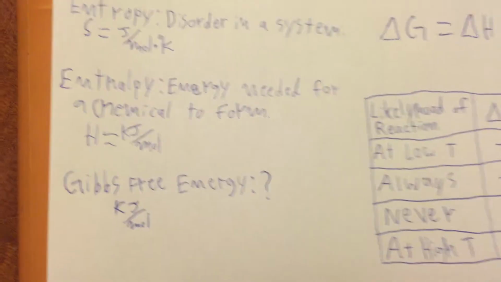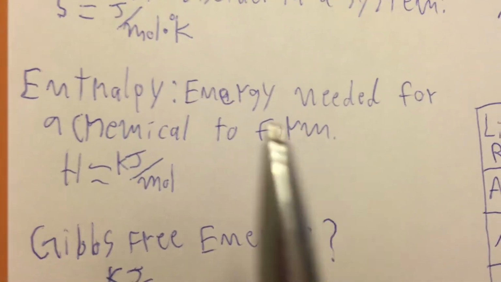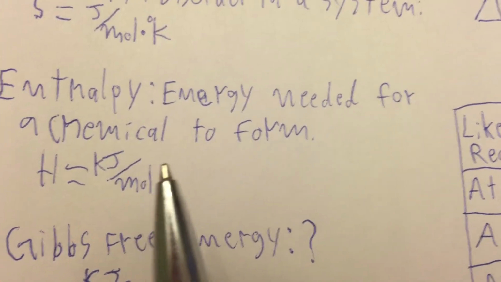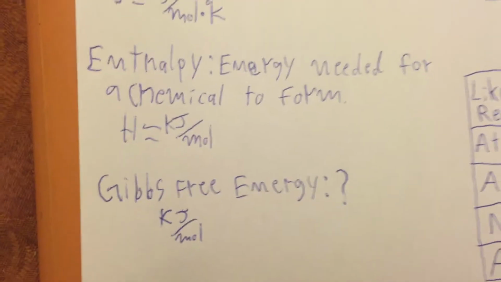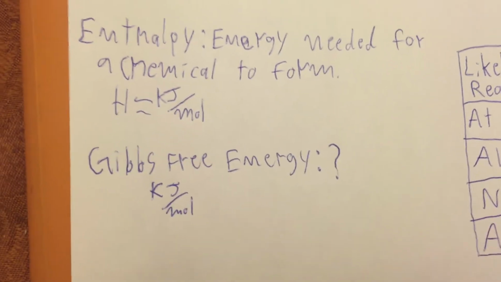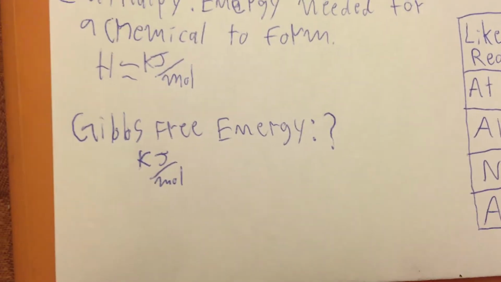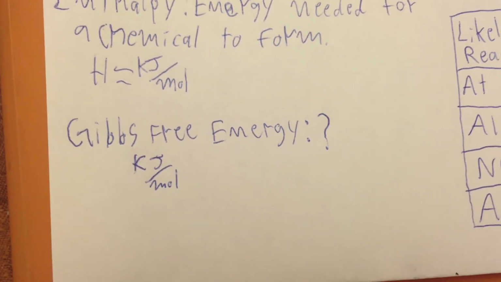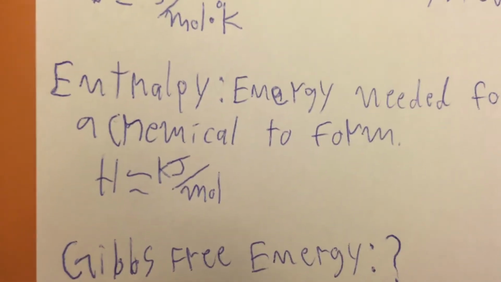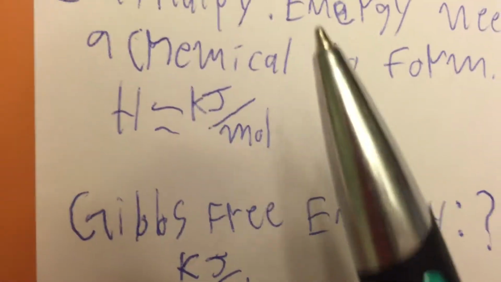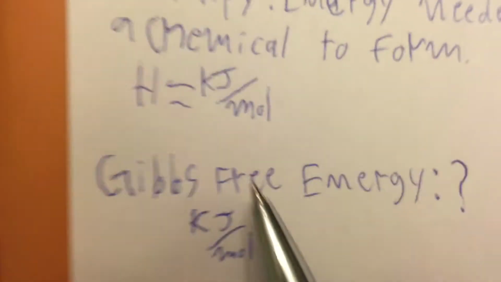And enthalpy, or heat of formation, is the energy needed for a chemical to form. For example, you need a certain amount of energy in a reaction to make that reaction happen and make the product. And the units for that would be kilojoules over moles.